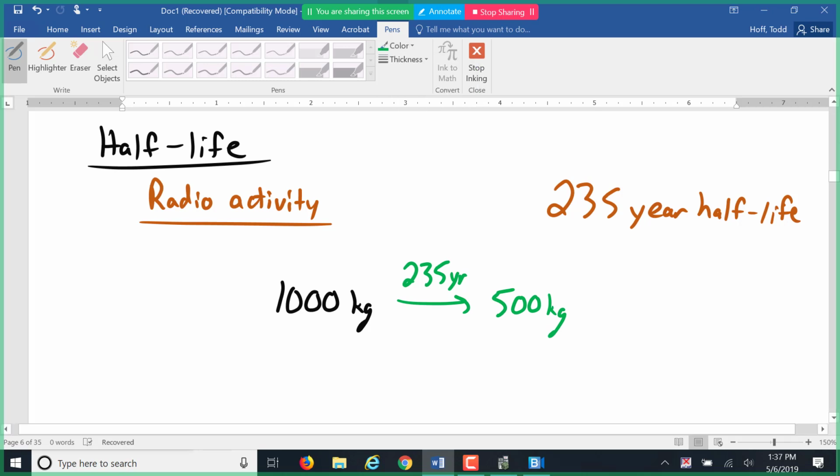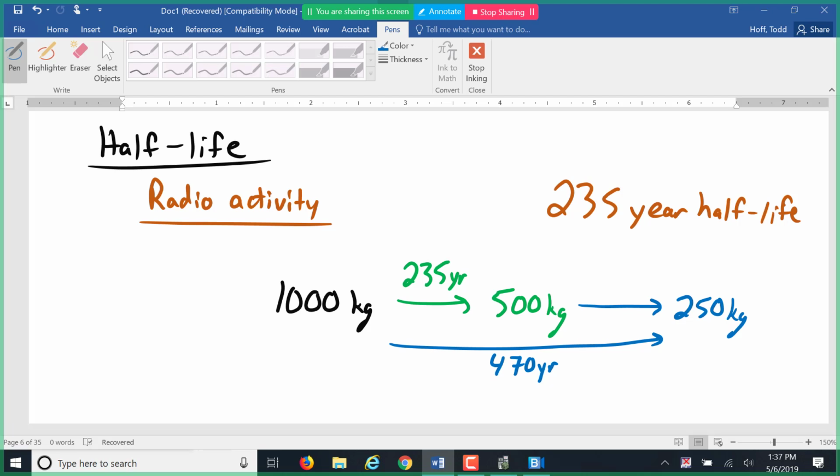Now, where a lot of people make a mistake is they think that in another 235 years, or a total of 470 years, it should be gone, right? No. That means it's down to 250 kilograms. Each 235-year period, it gets cut in half. The less there is there, the slower it decays and degrades.